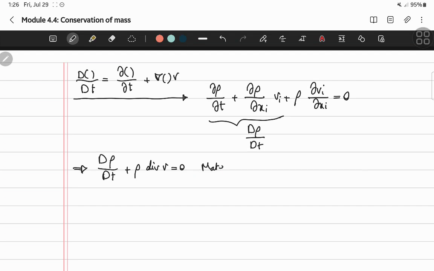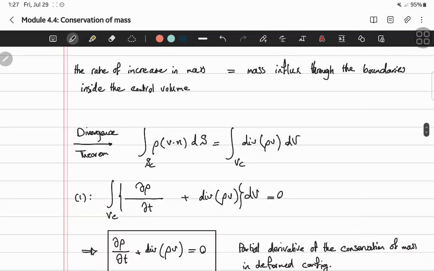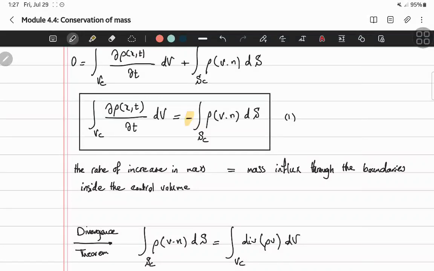And this is basically the material derivative form of the conservation of mass in the spatial configuration. You should also remember that this is the differential form of the conservation of mass, in the spatial configuration.